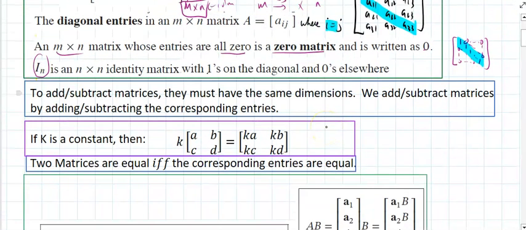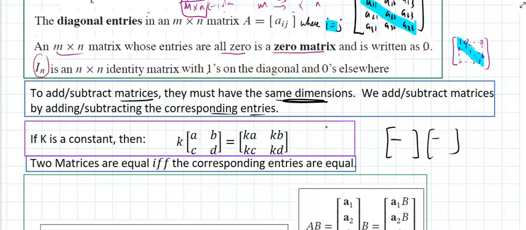To add or subtract matrices, they must have the same dimensions. To add them, they must match. And when you add the matrices, you simply add or subtract the corresponding entries, so you match the first with the first, the second with the second, the third with the third, and the fourth.